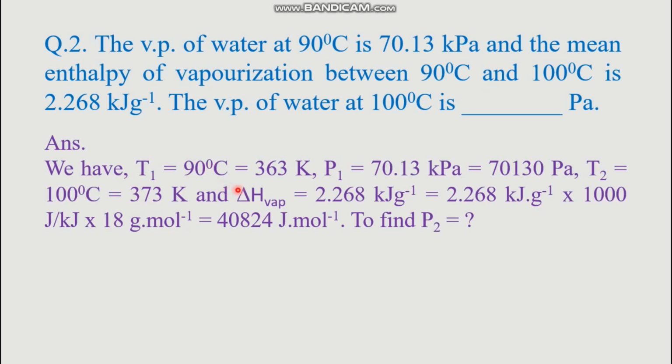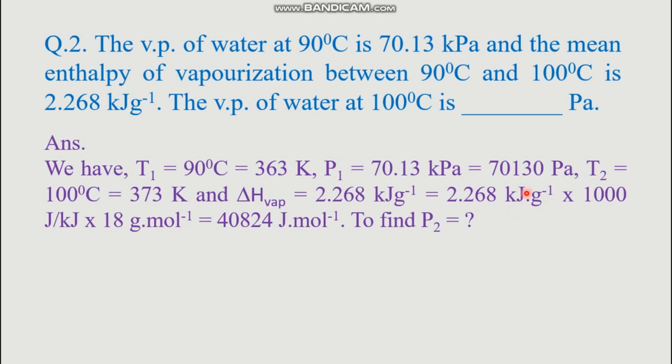And the delta H of vaporization, the enthalpy of vaporization, is 2.268 kilojoule per gram. So you have to convert this into joule per mole. How? This kilojoule is multiplied by 1000 joule per kilojoule, and this per gram has to be multiplied by 18 gram per mole.